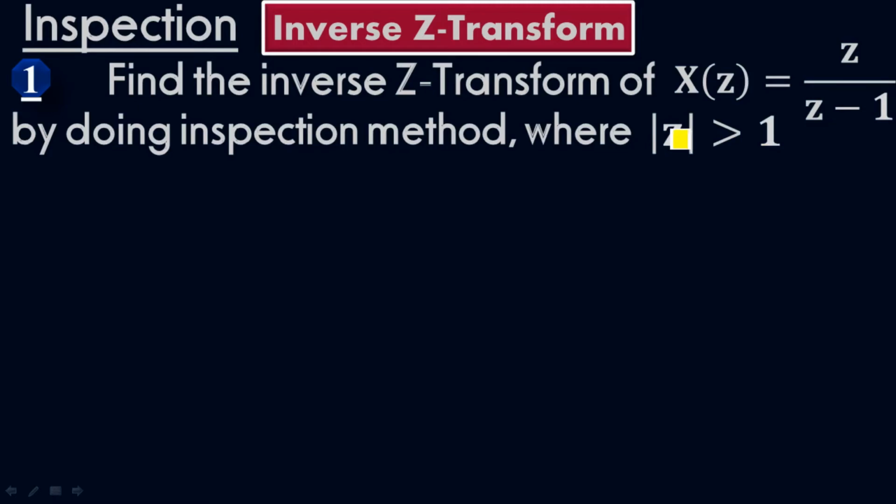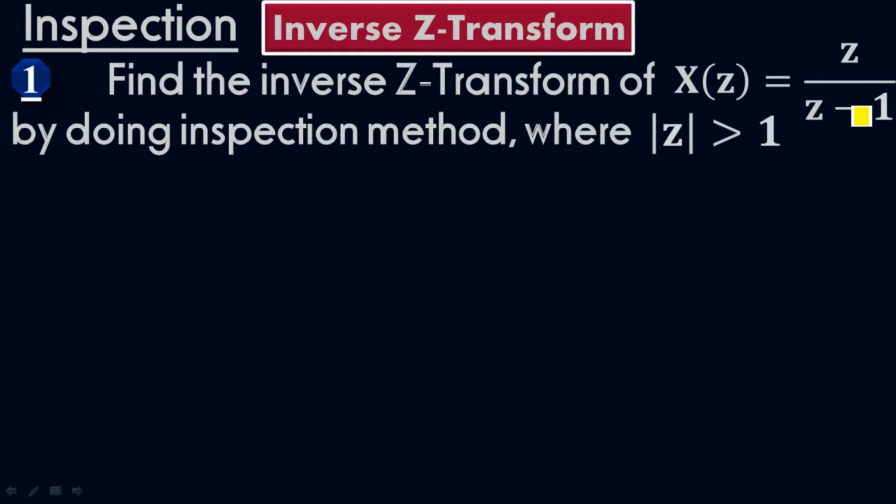When you look at the region of convergence, which says that |z| is greater than 1, it means that it is a right-sided sequence. It is the Z-transform of a right-sided sequence, because in a right-sided sequence, |z| is greater than this value. If it is 1, it should be greater than 1. If it is 2, it should be greater than 2. If it is a, it should be greater than a. And also z shouldn't be 1, because 1 minus 1 equals 0.